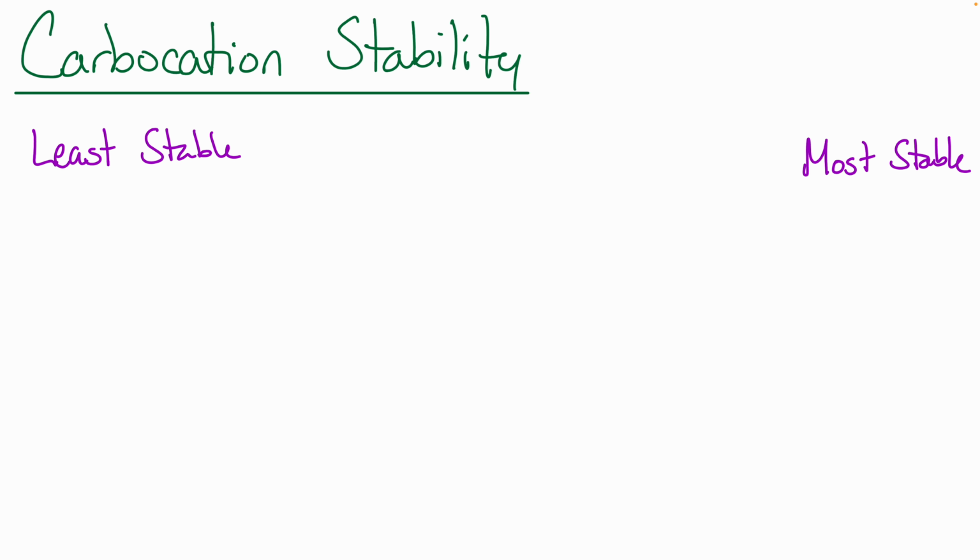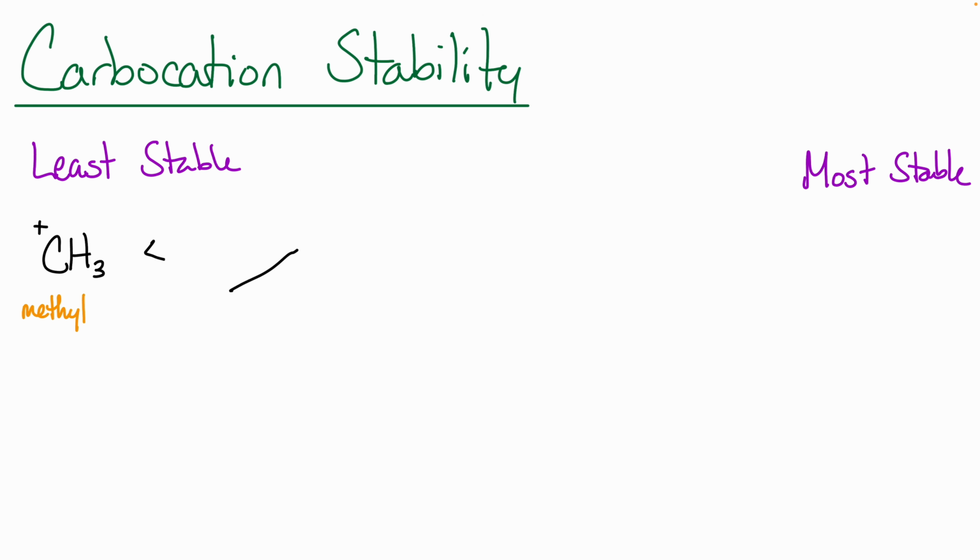Our least stable carbocation is what we call a methyl carbocation, where it's got no carbon neighbors. All right, and our trend here was that we simply increased stability as our degree of substitution increased. So next was primary, then secondary, then tertiary. All right, and I'm leaving some room over here because I'm going to complicate things a little bit.